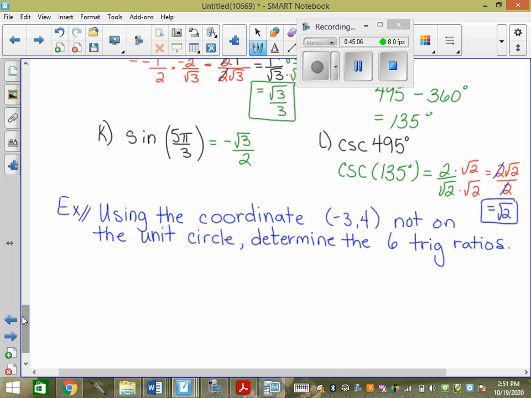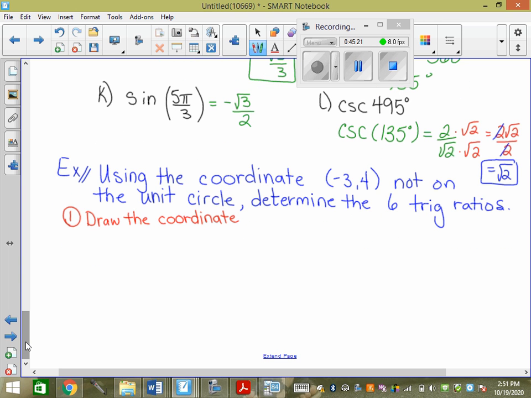This is when I'm given a coordinate. When I'm given a coordinate, the first thing I need to do is draw the coordinate. Expect it. So it's at negative 3 and 4, so I'm going to sketch it.